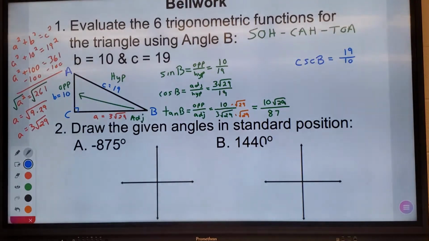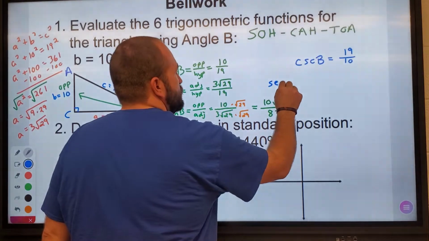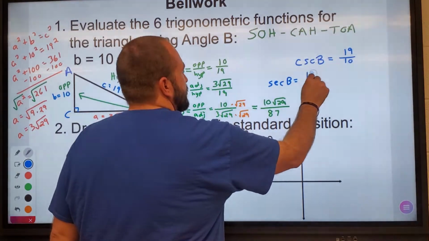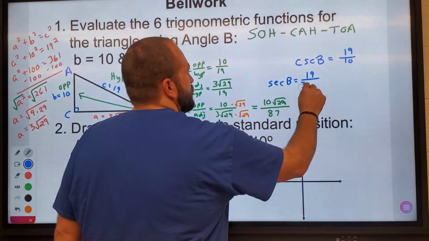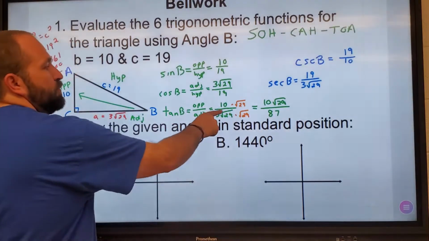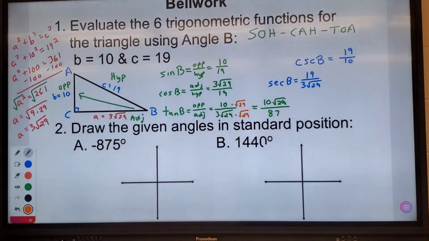For cosine, the reciprocal is secant. I'm going to backtrack that a little bit here, give myself some room. If I flip that, I have 19 over 3 square root of 29. And again, it puts me in a predicament like I do with tangent, and I have to get rid of that square root. 3 and 19 cannot reduce, similar to what 10 and 3 were.